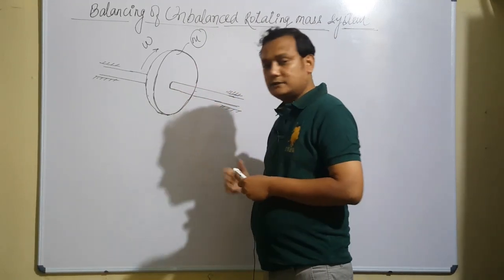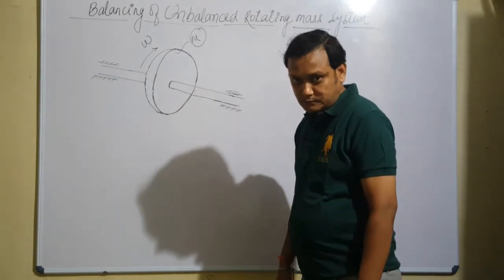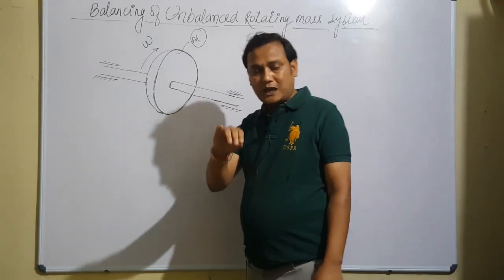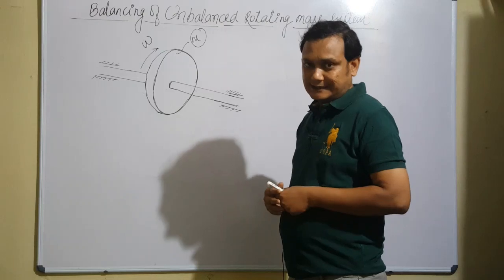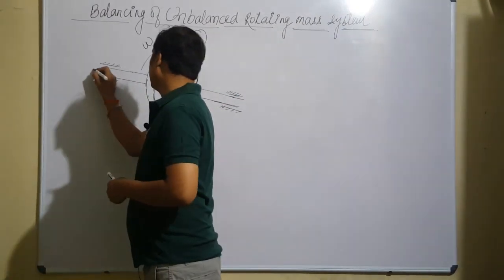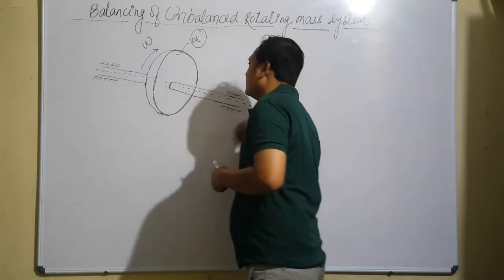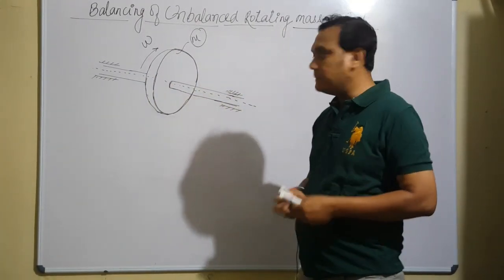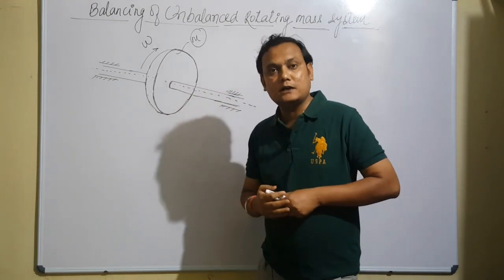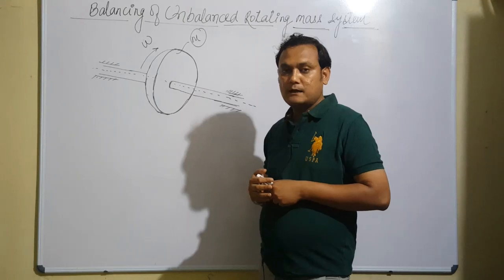The disc is on the shaft and the shaft is rotating with angular velocity omega. I clearly said circular disc; there was a purpose to say that. This is the axis of rotation about which the disc is undergoing rotation.